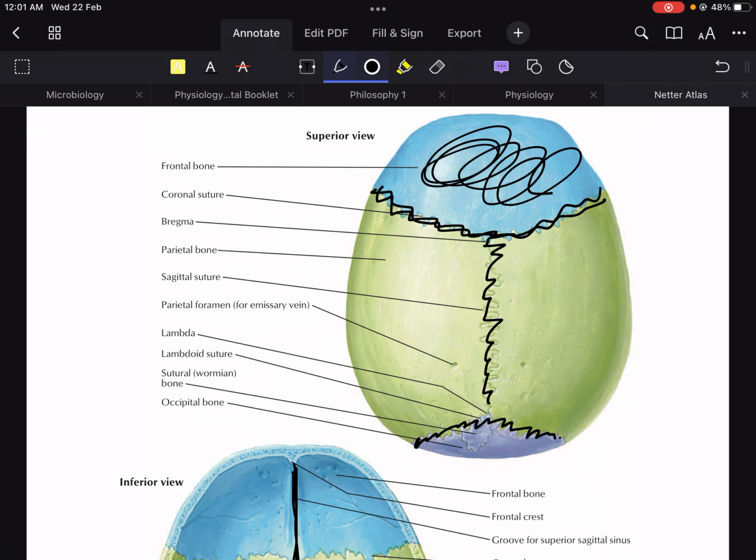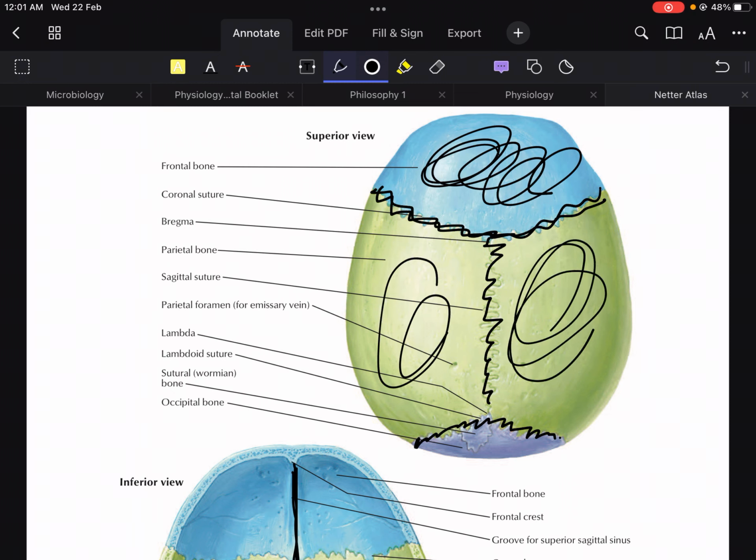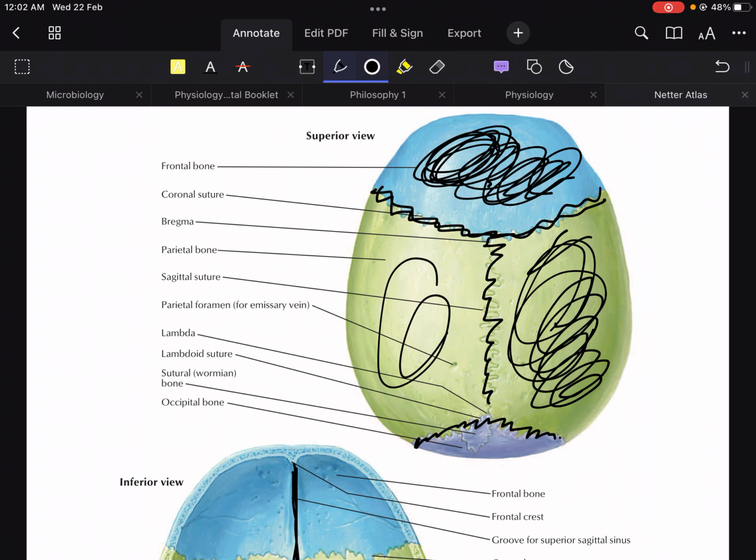If any infection happens in the pericranial or periosteal layer, it cannot reach another bone. If any infection happens in one part of the parietal bone, it can't spread to another part because of this suture.